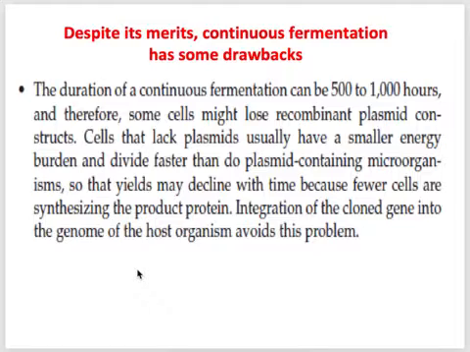If you integrate the gene into the genome of your microorganisms, there is less chance that the microorganism will lose this gene. So we can avoid this kind of problem by integrating the cloned gene into the genome of the microorganisms. However, there is another chance.